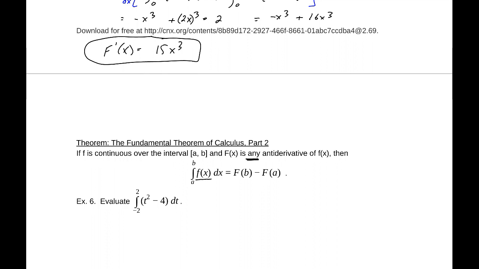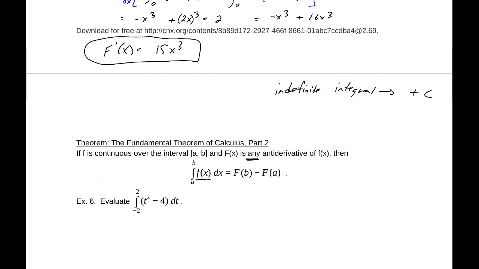Now, because we can use any antiderivative, the easiest choice is to choose the one where c equals 0, which means we are going to disregard the constant of integration whenever we have a definite integral. So if we have an indefinite integral, that means we need to have our plus c on all of our answers.